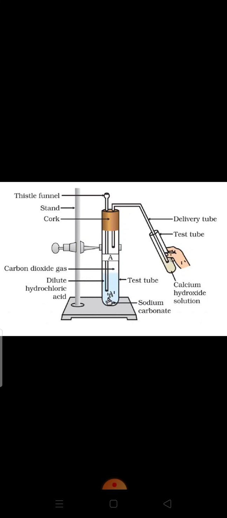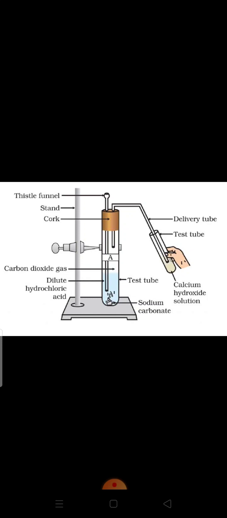Now for this activity, we arrange the apparatus as shown in the diagram. Students, we take a small amount of metal carbonate in test tube A. Then we pour a few drops of hydrochloric acid in the test tube. And then we will notice evolution of a colorless gas.